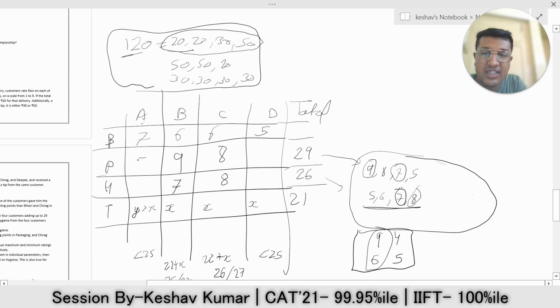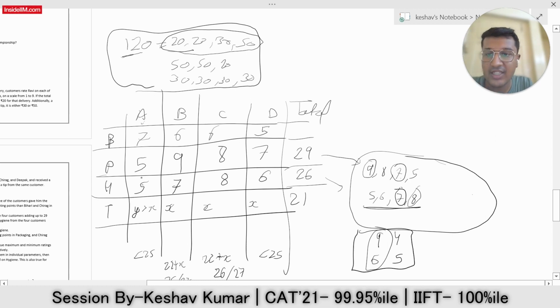He must have given rating of 5 in packaging. So Deepak must have given the rating of 7. And if he has given the rating of 5 in packaging, Atal, so he must have also given the rating of 5 in hygiene. That means Deepak must have given the rating of 6. So the Atal's rank in packaging and hygiene is 4th and Deepak's rank is 3rd in packaging and hygiene.